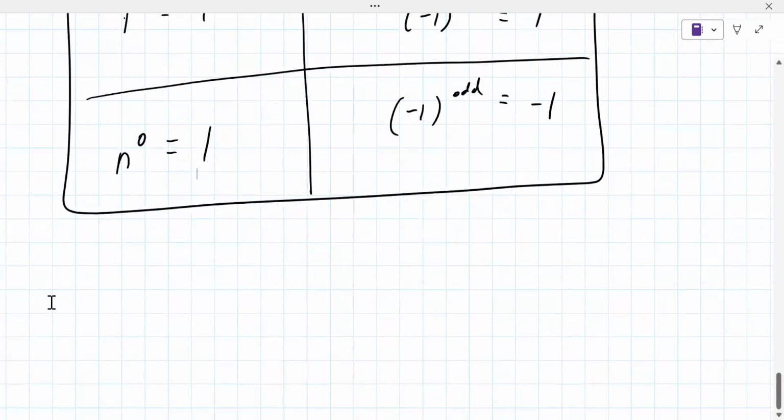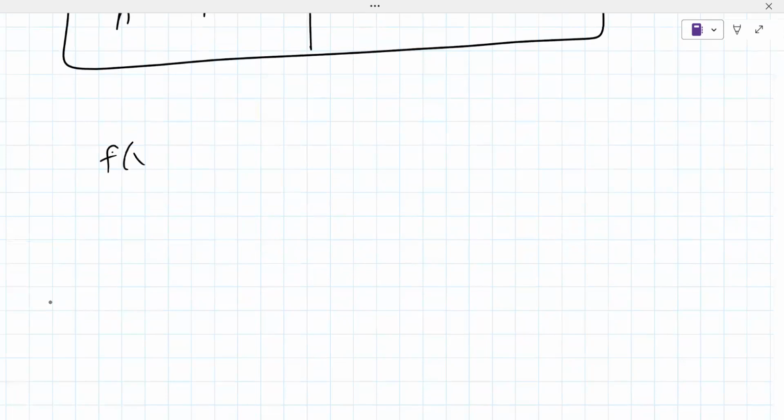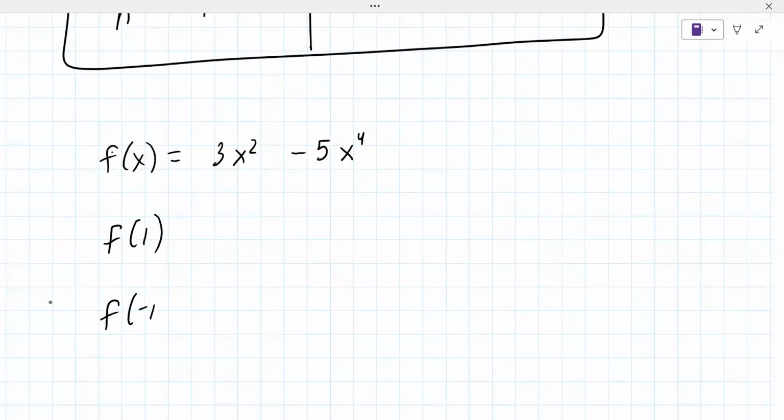So let's try another one here. Let's try f of x equals 3x squared minus 5x to the fourth. And I want you to find f of 1 and f of -1, please.